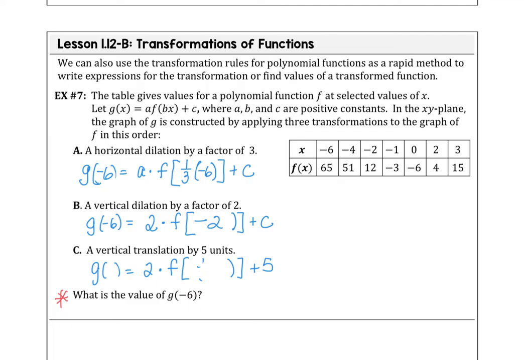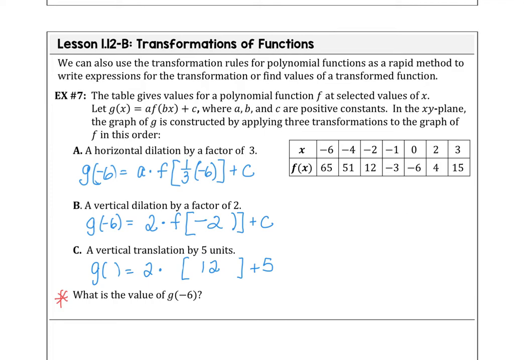We've got to figure out from the table what f of -2 is. So f of -2 is 12. We'll substitute a 12 in here. We don't need the f notation anymore. And we've got 2 times 12, that's 24, plus 5.